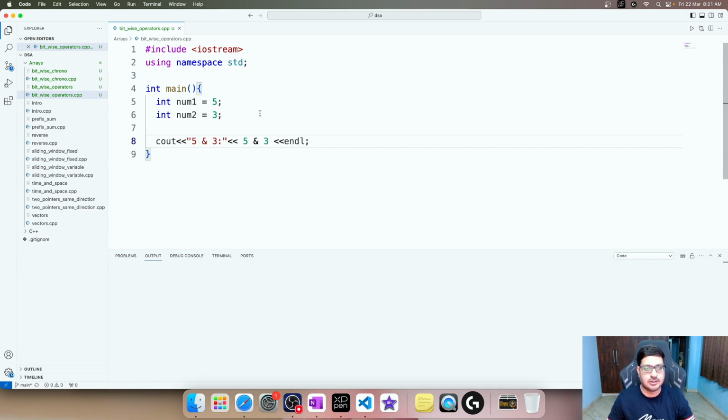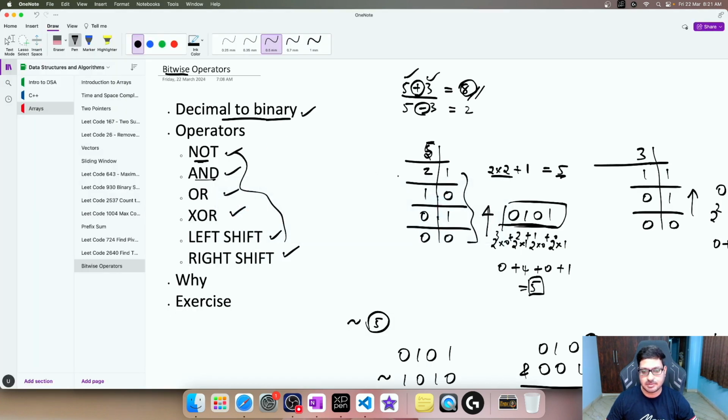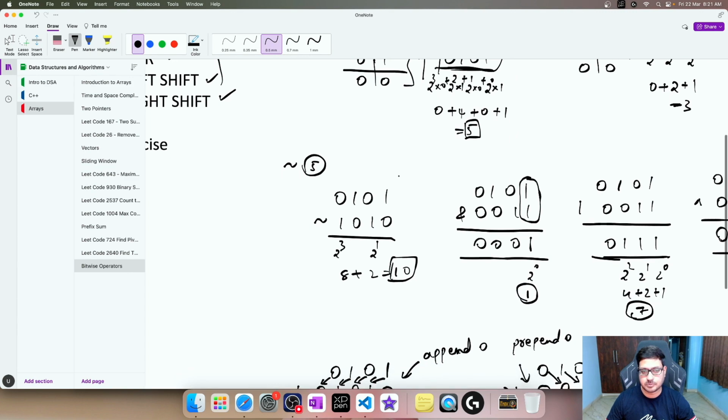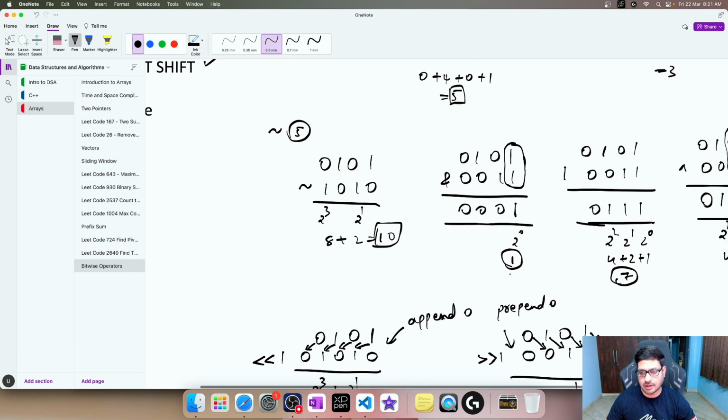So 5 and 3. If we put a double AND here, this will become a relational, conditional operator. But if we use a single AND, it is a binary and bitwise operator. Okay, so this is 5 and 3, and we are expecting the value 1.